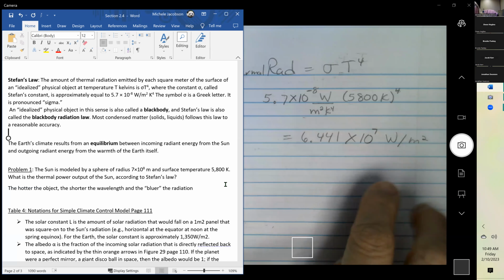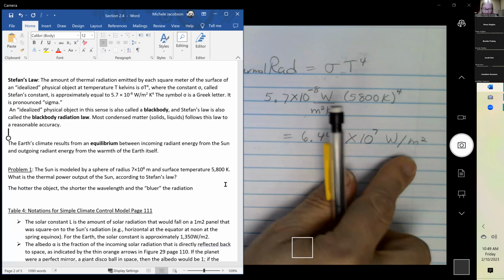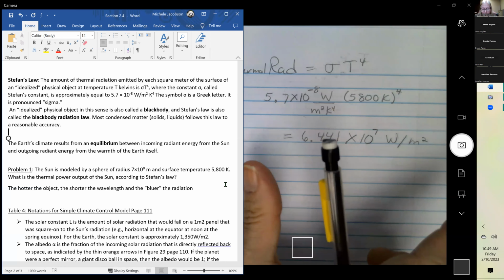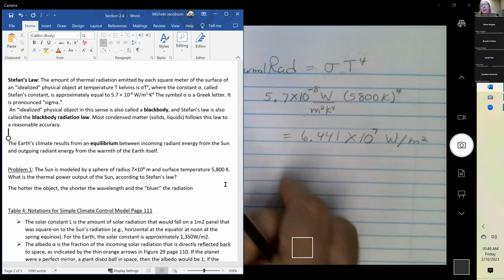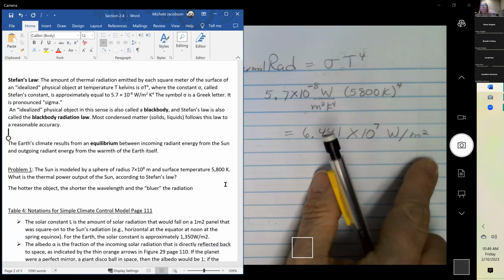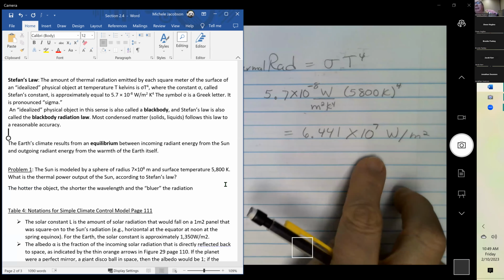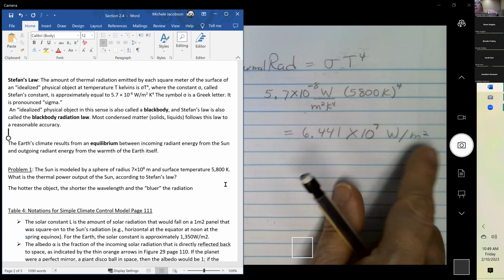No, this is only for a meter squared. We would need to find the whole surface area of the sun, which is a sphere, to convert it, because that's only one meter squared on the sun. But any questions on finding this value? So this is only per meter squared.